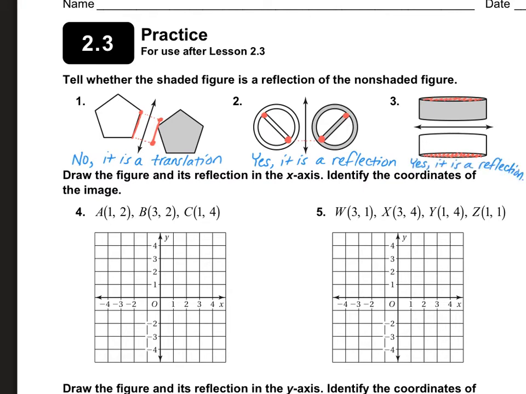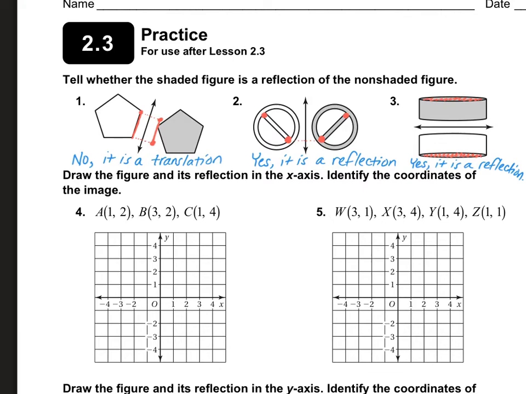So let's take a look at numbers 4 and 5. This time we're told to draw the figure and its reflection in the x-axis. So we're doing just the x-axis for numbers 4 and 5. And we also want to identify the coordinates of the image. So my first step in number 4 is to go ahead and graph the 3 points that were given.